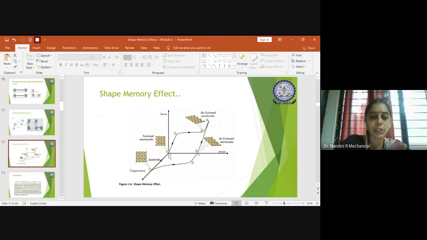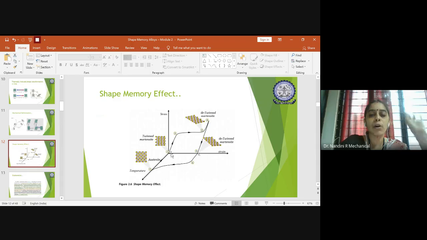The hysteresis loop starts from the origin. Towards your x is the strain axis, towards your y is the stress axis, and towards your z is the variation in the temperature. So in the case of the hysteresis loop of shape memory alloys, you will be having three axes: strain, stress, and temperature.